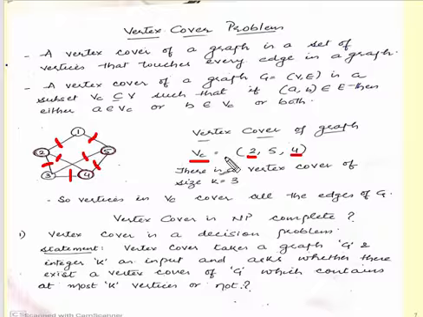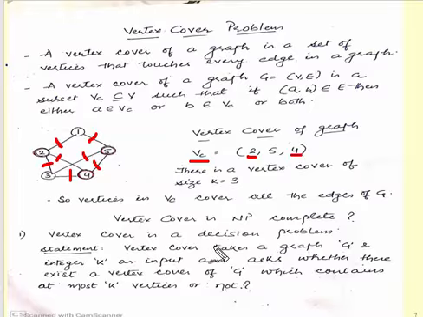Now what is the size of the vertex cover over here? It is a vertex cover of size 3. So the vertices in VC will cover all the edges of G. Now we have to prove that vertex cover is an NP-complete problem. In order to prove that any problem is NP-complete, what was the first condition?